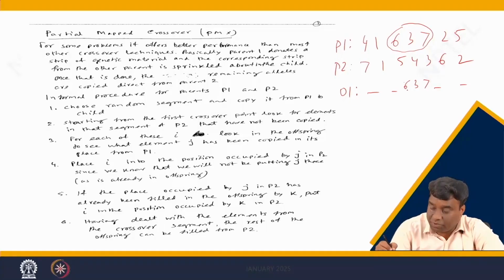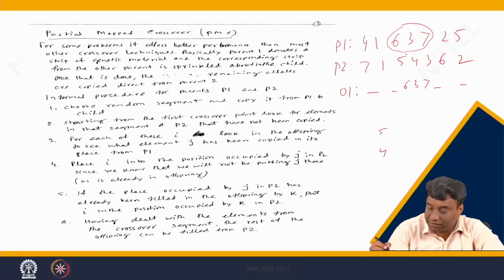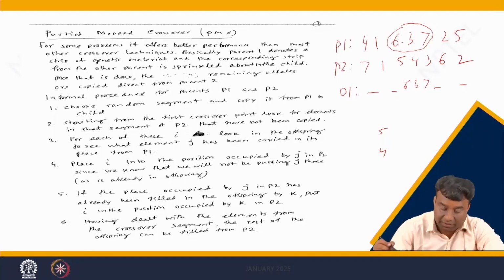Starting from the first crossover point, look for elements in the segment of P2, that is 5, 4, 3, 6, that have not been copied. In this section, 5 and 4 have not been copied. For each of these, I look in the offspring to see what element J has been copied in its place from P1. In the place of 5, 6 is copied.